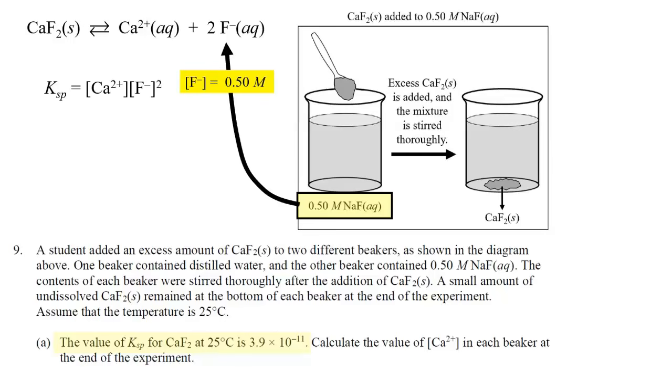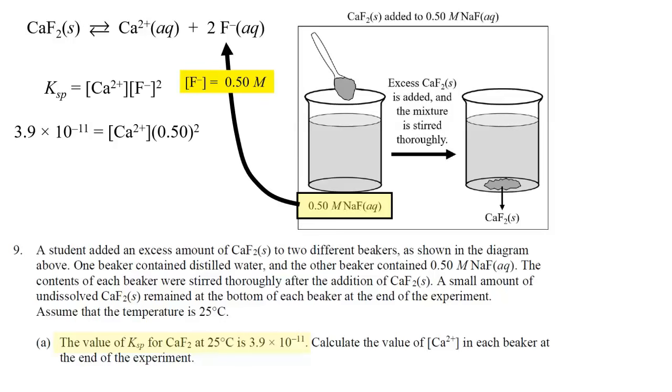So the concentration of the fluoride ion is much larger than what it would normally be if we had started with distilled water. So I can go ahead and plug in 0.50 molar for the concentration of fluoride, which is already present in solution.